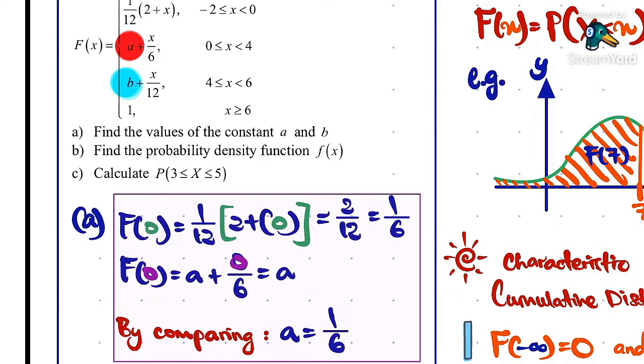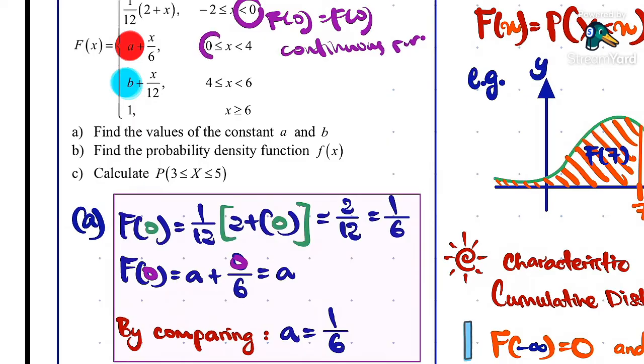Just so you know that F(0) can be compared with another F(0) because this is a continuous random variable. No matter whether it is less than or more than, as long as the value is the same, whether they have equal or no equal, they are still continuous random variables. So they can compare. They are eligible to compare with each other.